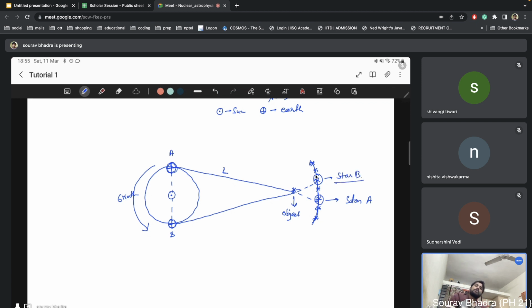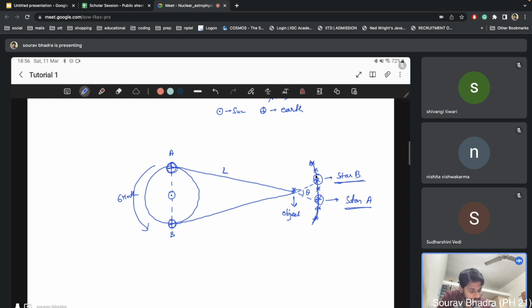Now there are some techniques by which we can measure the angular separation of star A and star B. If these two stars are known to you, you cannot do it for a random star, because the distance of all the stars we don't know. But suppose luckily you know the background star A and star B, and you know the separation between them.